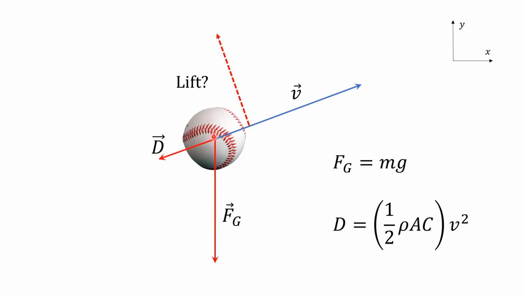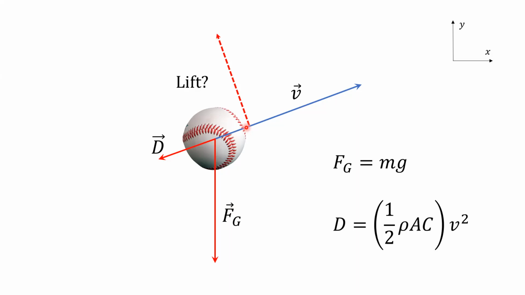Any component of this so-called lift force that's opposite quadratic drag would merely subtract from quadratic drag, and then whatever's left over, you would just call that quadratic drag. So I'm being kind of circular here, or at least it sounds like I'm being circular, but the point is that's already been accounted for. Any component of the force between the air and the baseball that's parallel to velocity has already been accounted for in our quadratic model of drag.